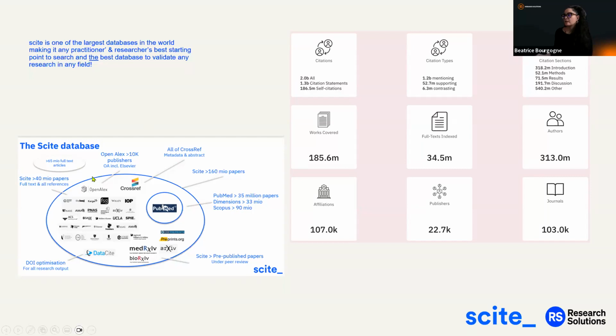And we cover more than 100,000 journals to date. So you can also look those up on our dashboards. We also get information like editorial notices, which is also very unique to Scite. So you will get information on a paper which has been retracted or has had errata on it.